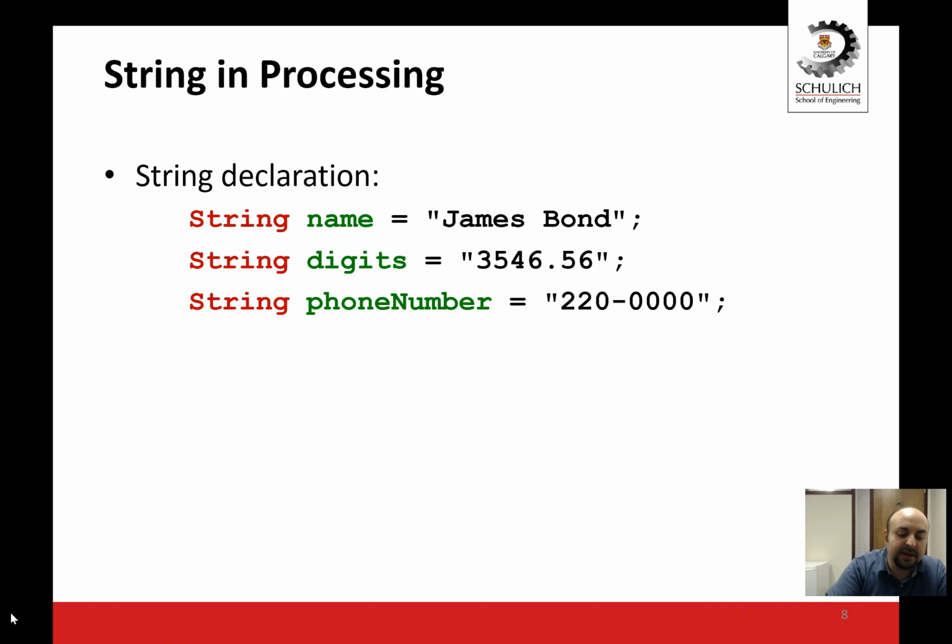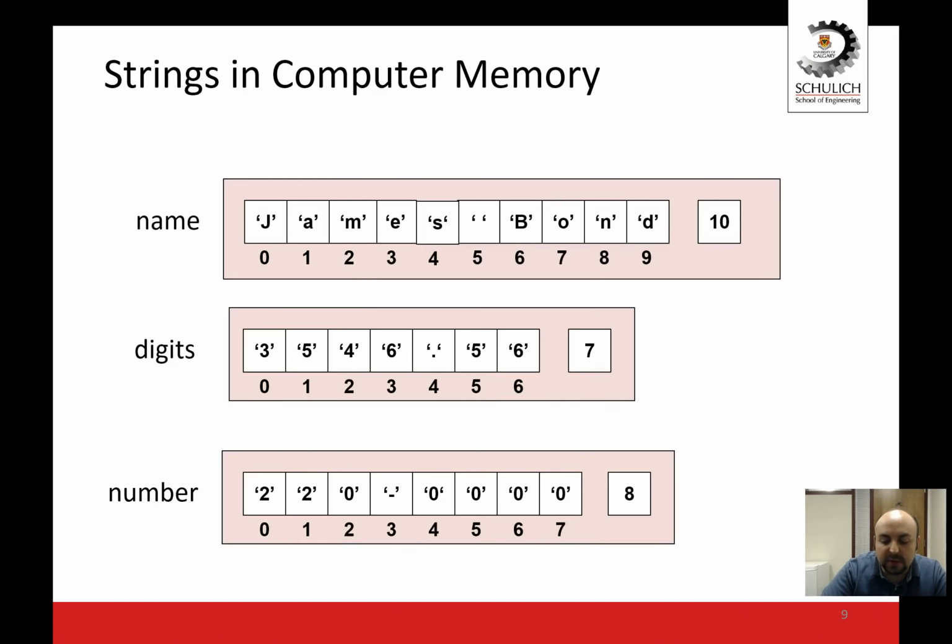3 strings here, we have name, digits, and phone number. The way this is going to show in memory is like this. With name, you have James, so a character in each place. There's a space, so the space also occupies an index. And then you have Bond.